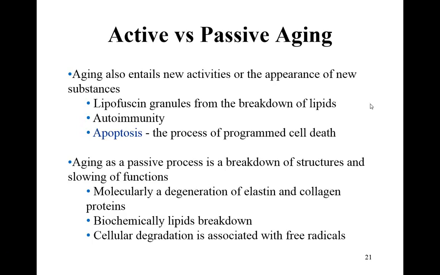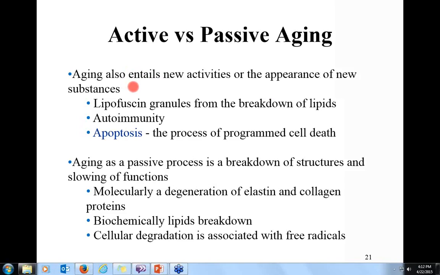There are multiple types of aging. You can have active aging, which is not exactly good. You can have things like apoptosis, programmed cell death, or autoimmunity. Passive is a breakdown of structures and slowing of functions, which does occur.